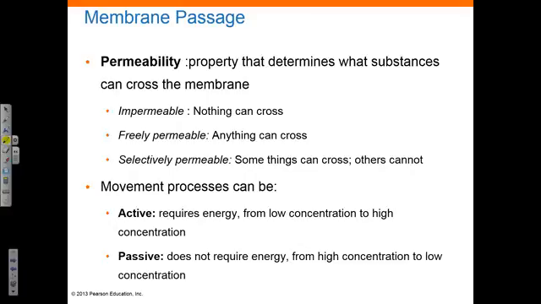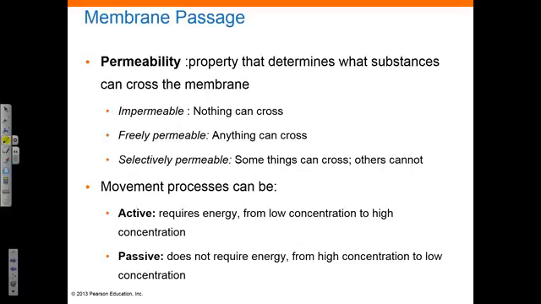Permeability of the cell membrane determines what substances can cross the membrane. The term impermeable refers to when nothing can cross. The term freely permeable refers to when anything can cross. And the term selectively permeable refers to when some things can cross, but others cannot. The movement of substances across the membrane can be an active or a passive process.